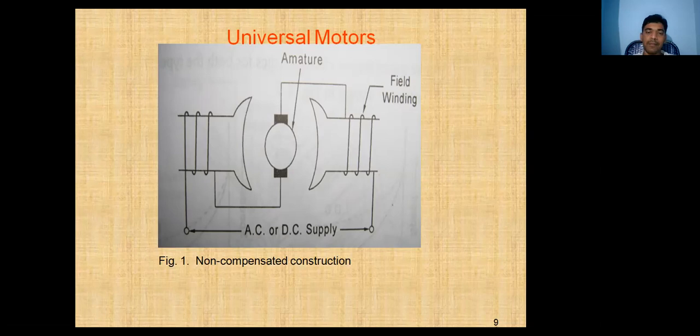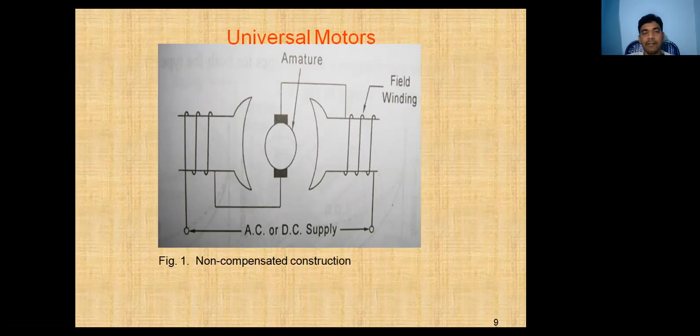This is the universal motor, non-compensated type construction. We can give AC or DC supply. This is the field winding, this is also field winding, and this is the armature, connected in series.